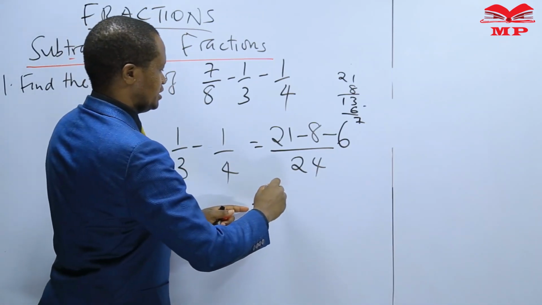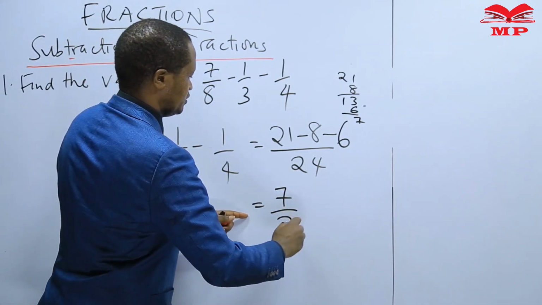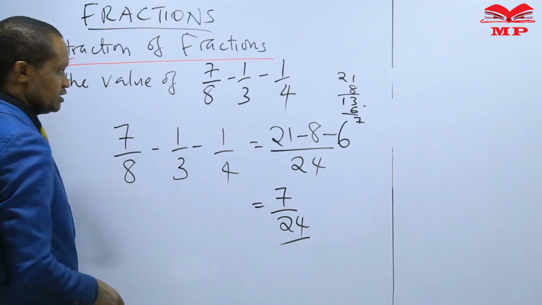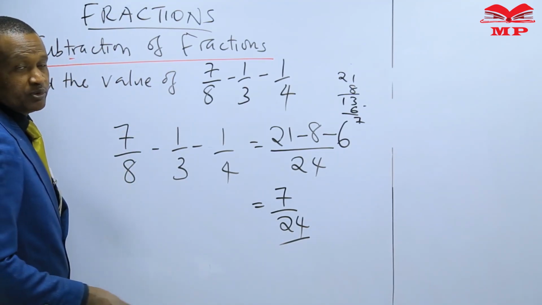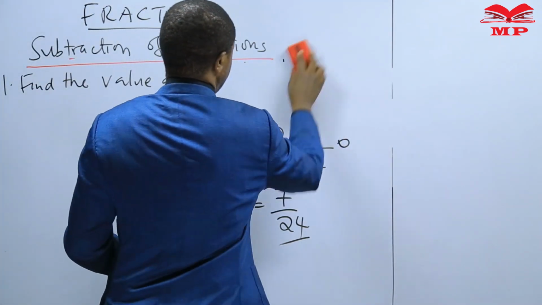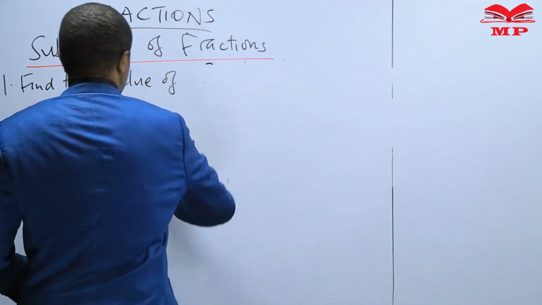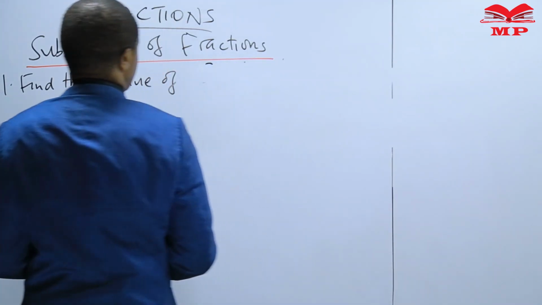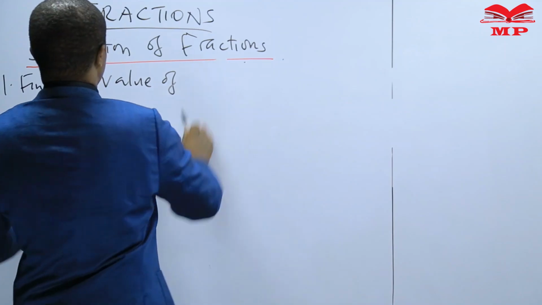So the answer here is 7 over 24. That is example number 3, where we are working out the operation of subtraction on fractions.